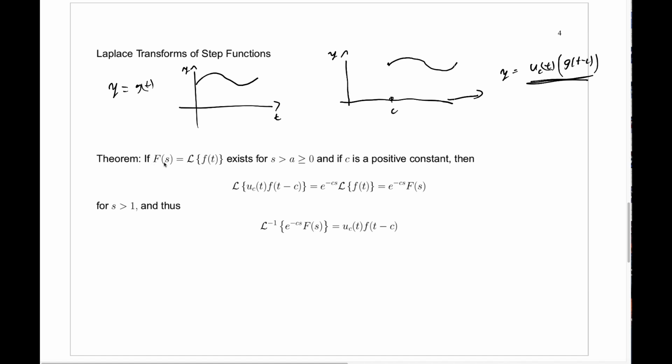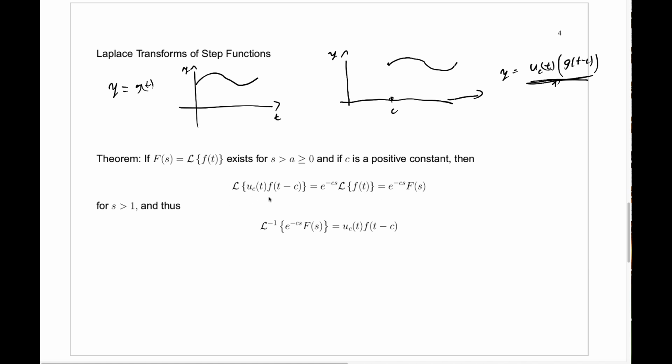It says if capital F of s is the Laplace transform of little f of t, if this Laplace transform exists, and remember it certainly will exist if f itself is piecewise continuous on any interval and doesn't grow too fast, for s greater than a, and if c is a positive constant, then the Laplace transform of u sub c of t times f of t minus c, this type of thing that we were looking at here, will just be e to the minus cs times the original Laplace transform of little f, that's capital F of s.